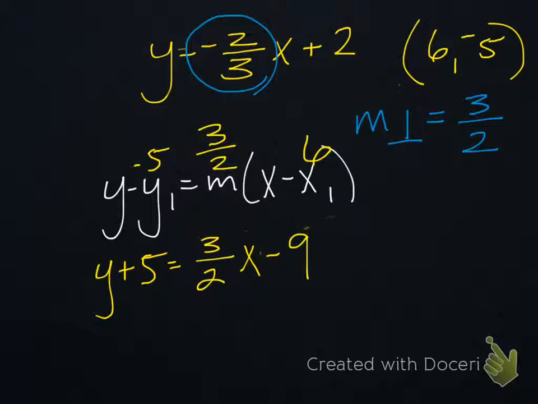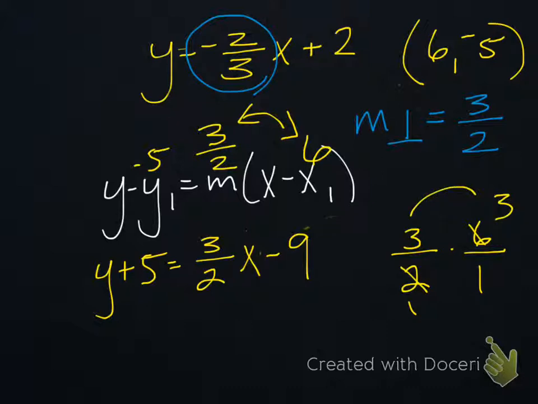I'm doing this math here and here. I'm multiplying 3/2 times 6 over 1, 2 into 2 is 1, 2 into 6 is 3, and 3 times 3 is 9. So we did that in our head or off to the side. If you're not great with fractions, I would recommend doing the math out to the side. And then I'm going to continue on.